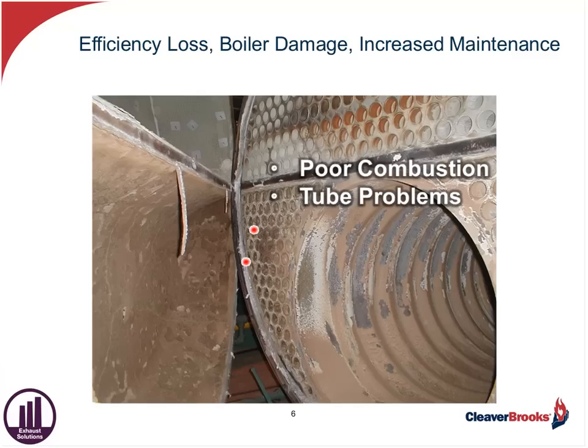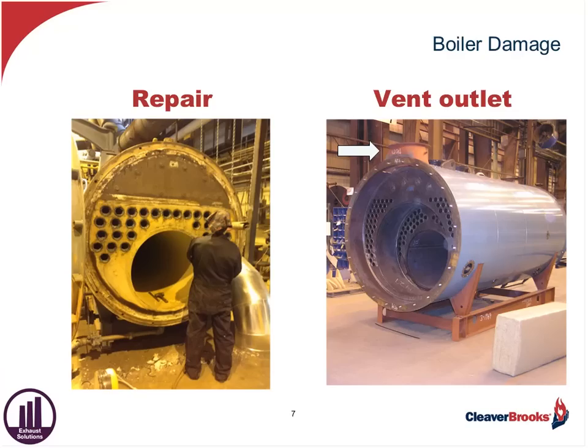Now, you can't see it very well here in this slide, but what happened is we overheated that pressure vessel, and those tubes began to push away from the weld and crack. So it led to a pressure vessel repair that you see here. Because of that soot being deposited on the heat transfer surfaces, it impeded the heat transfer, and as a result, the pressure vessel overheated, the tubes extended, and the welds cracked.